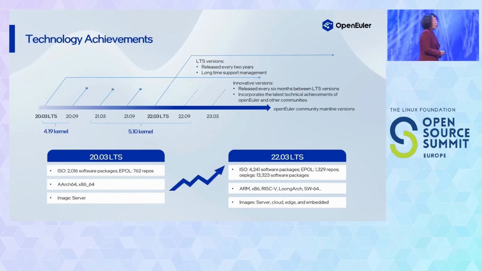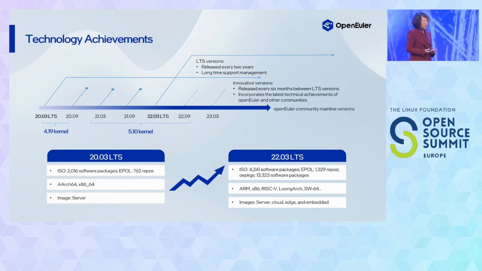OpenEuler actually adopts a rapid evolution. Every 2 years, we release a long-term support version, and every 6 months, we release an innovation version. The latest LTS is 22.03 LTS. This version already has more than 700 developers contributing to it.